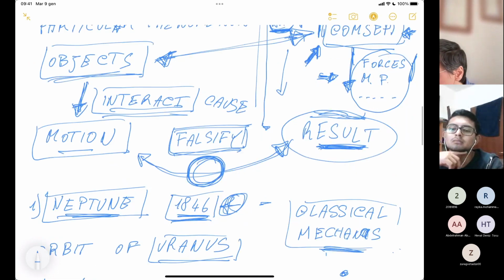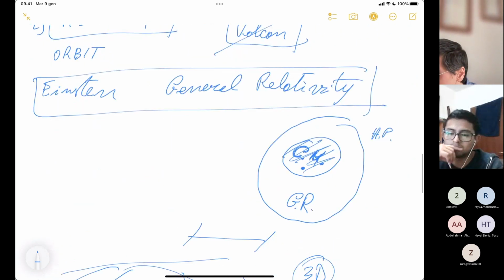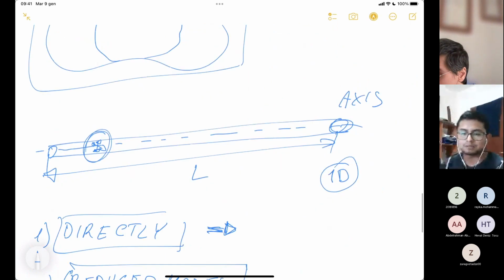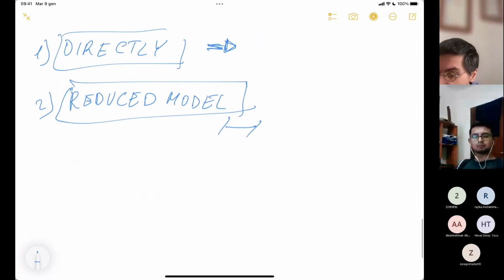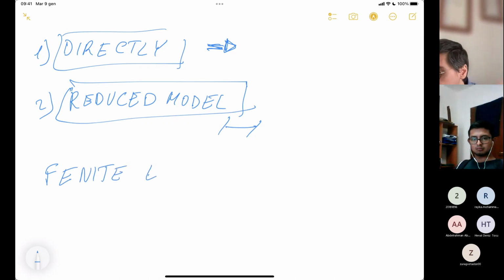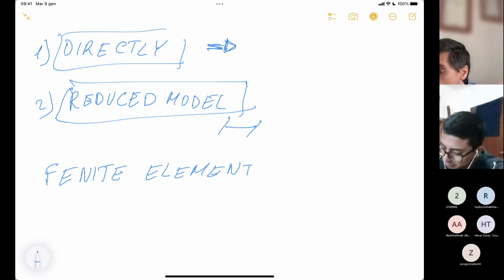So what I will introduce you in these courses is the use of a method to solve the equation. And this method, when we talk about deformable body, is the finite element method.